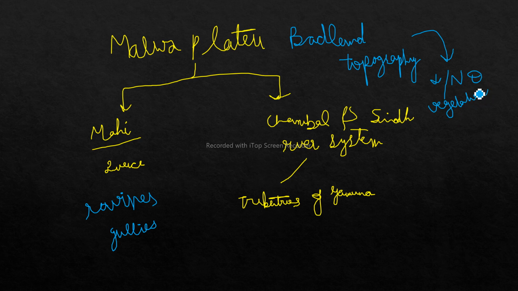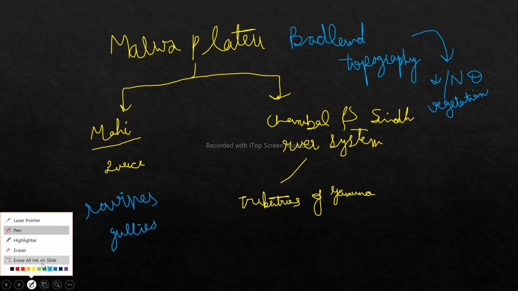These are certain facts that you need to know. So badland topography is formed because of the ravines and the gullies, and there is no vegetation. We can say that it is a kind of barren land, a kind of badland.